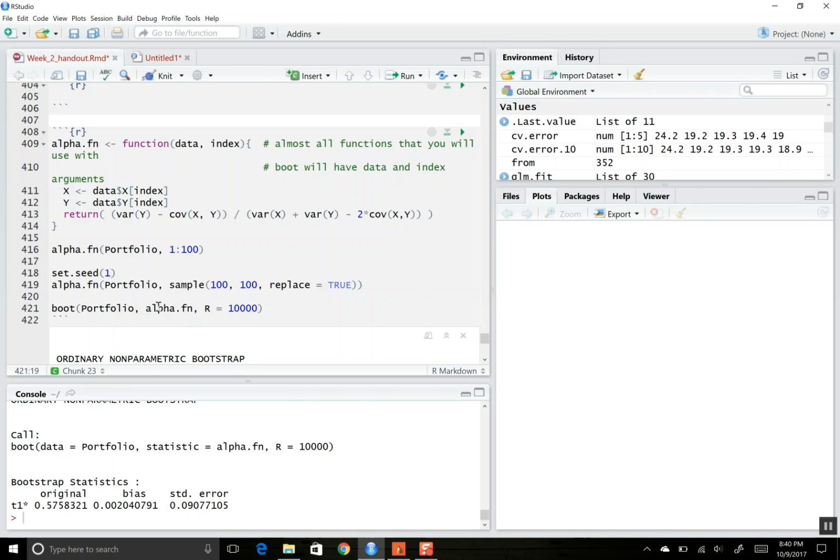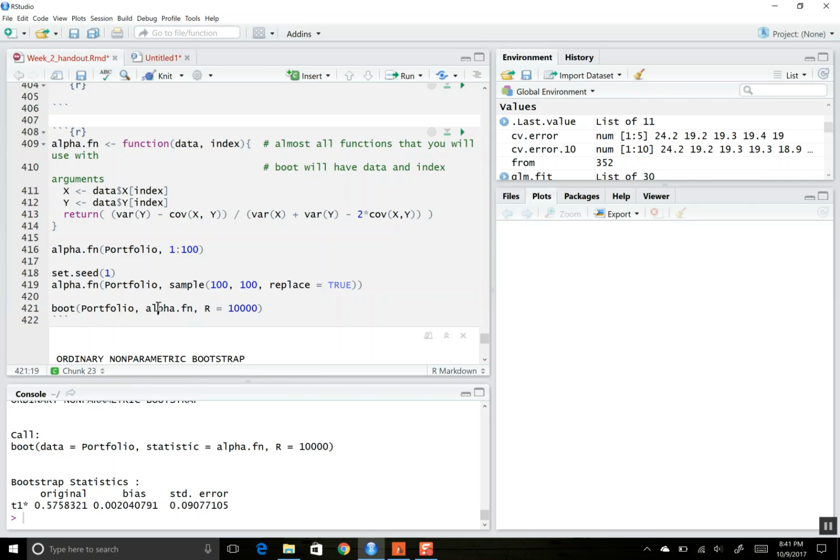And the bootstrap, again, the big idea is we don't know what the population is. We want to estimate some properties of the sampling distribution. How can we get an idea of what the sampling distribution is? We make a very strong assumption that the sample that I have is representative of the population.